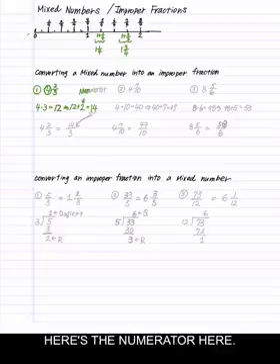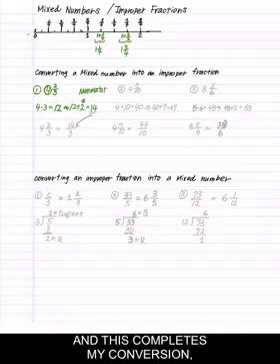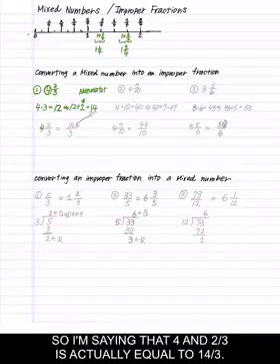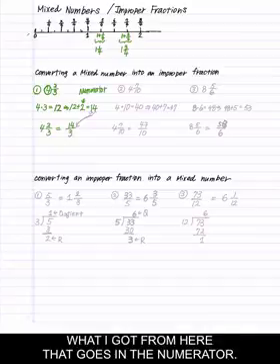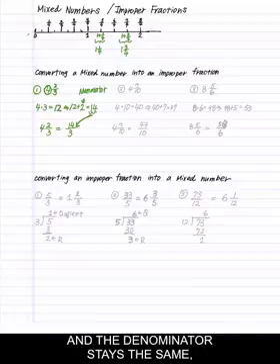This is the numerator here, and this completes my conversion. So 4 and 2/3 is equal to 14/3. Notice that what I got from here goes in the numerator, and the denominator stays the same. I still have a 3 down there.